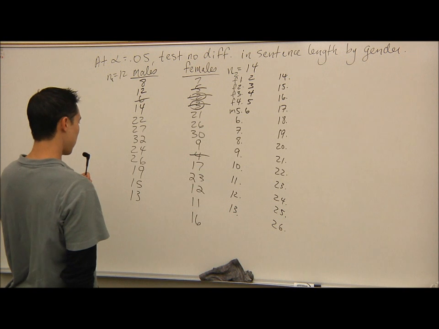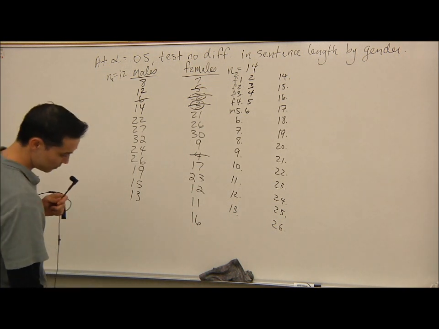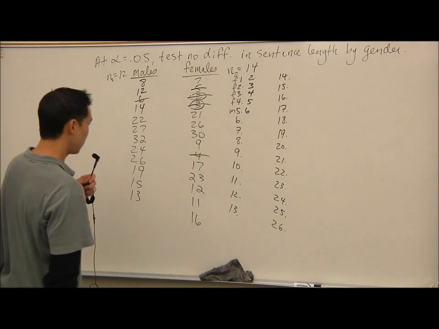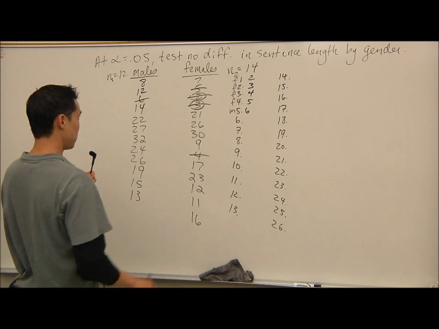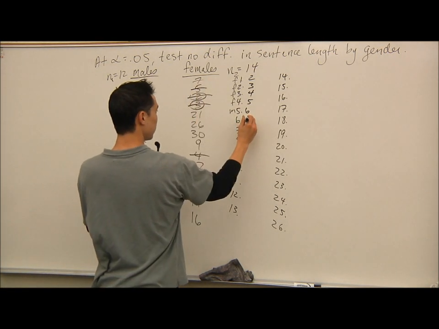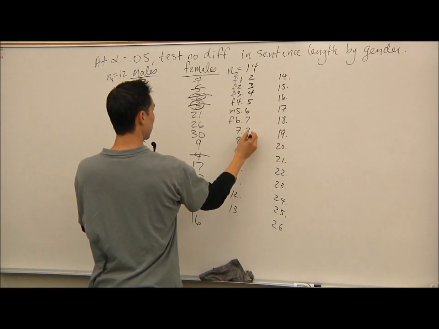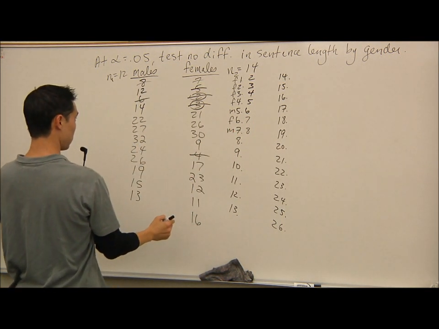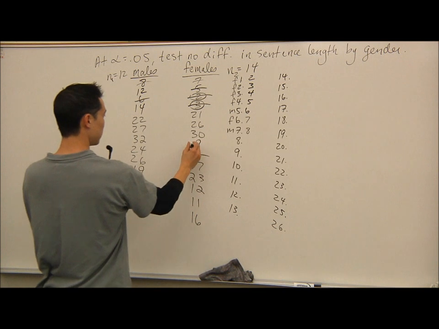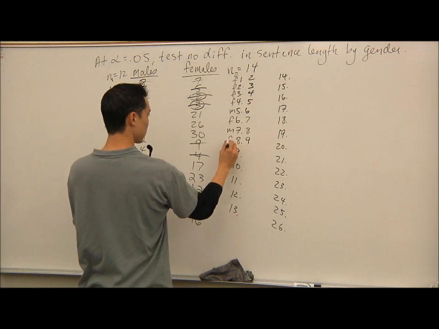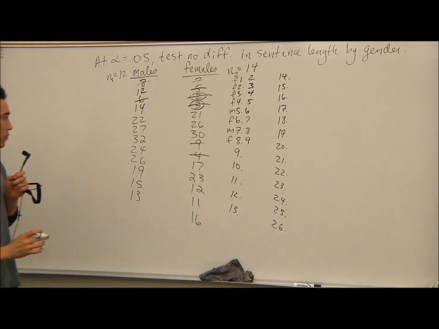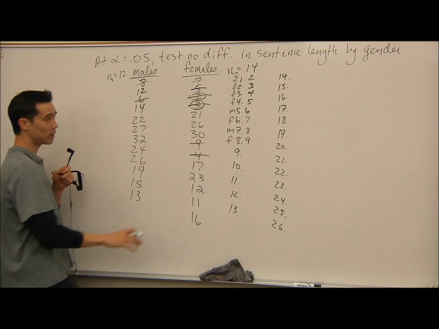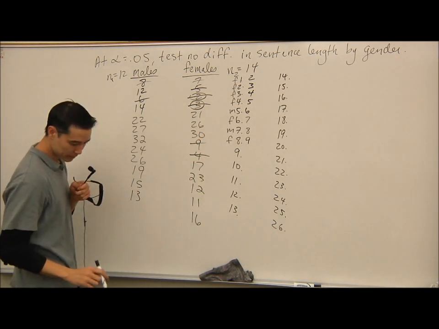After 6, we have 7, and then 8. So 7 is a female, 8 is a male, 9 is female. Okay, is everybody clear on what I'm doing? I'm just listing it in order from least to greatest, and I'm labeling what is what.